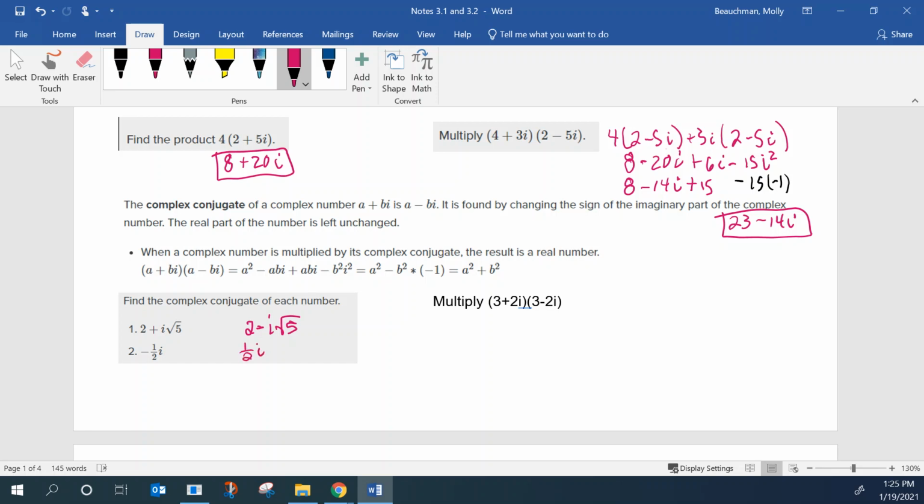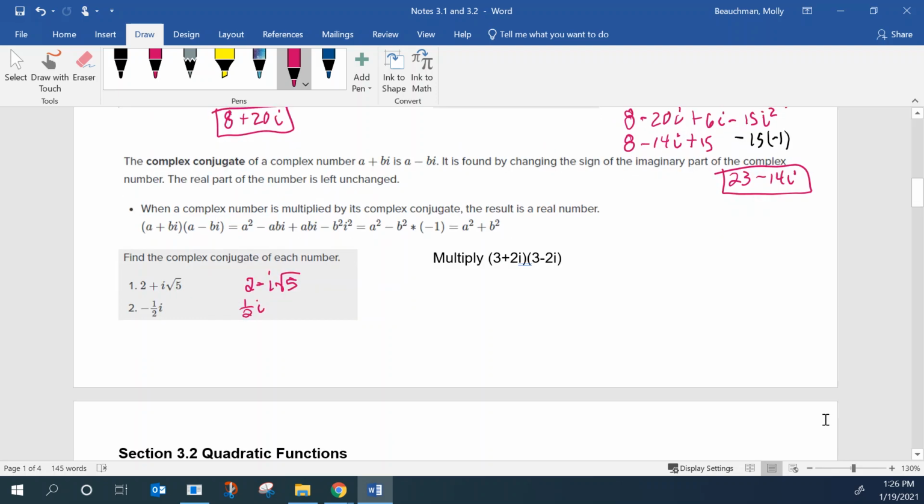The important thing about conjugates is that when we multiply them together, we end up with a real number. So if we multiply a number times its conjugate, I'm going to take 3 plus 2i times 3 minus 2i. Distribute, I get 9 minus 6i.